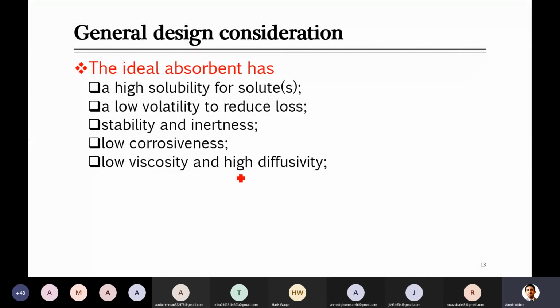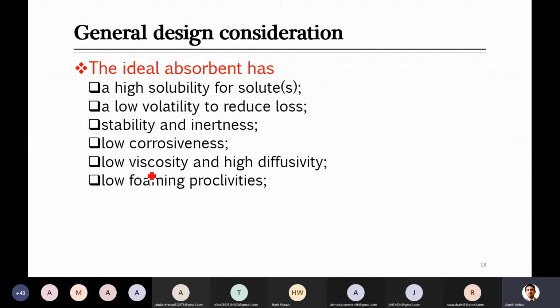So low viscosity and high diffusivity, so that it can be easily moved through the column, and when there is low viscosity, the interaction between the liquid and vapor is increased. If it is a highly viscous liquid, definitely the gas cannot make good interaction with it, and when there is no better interaction, there is no mass transfer.